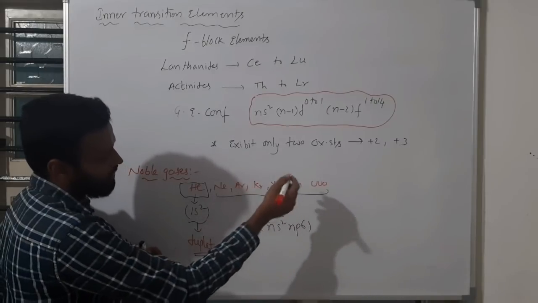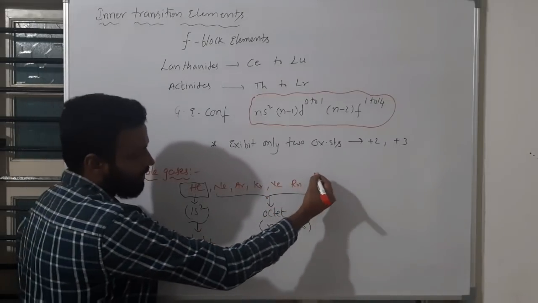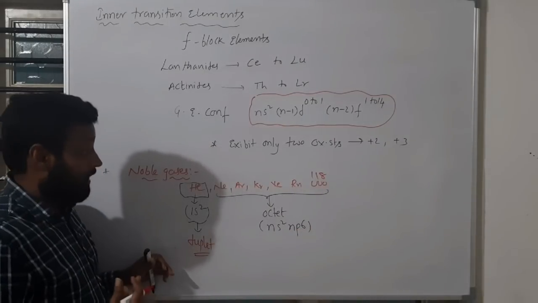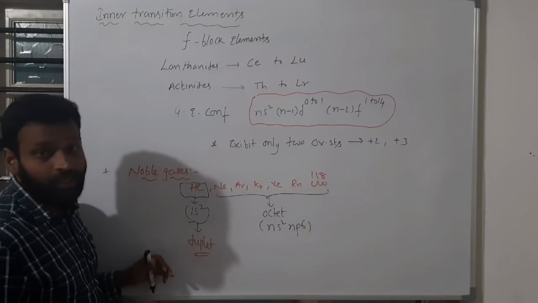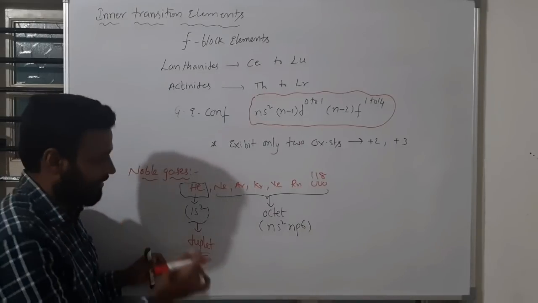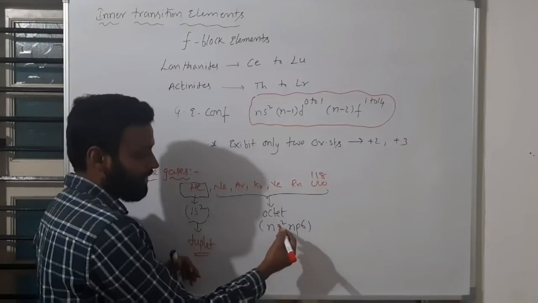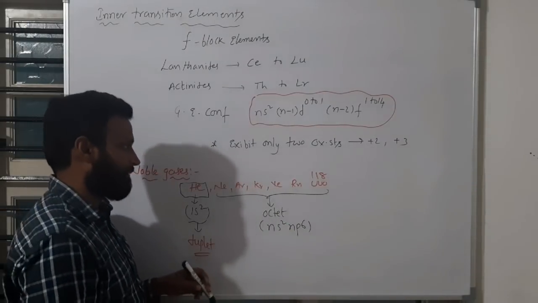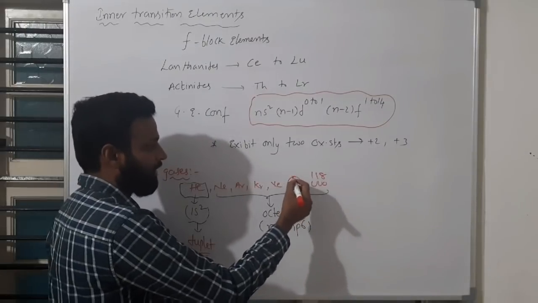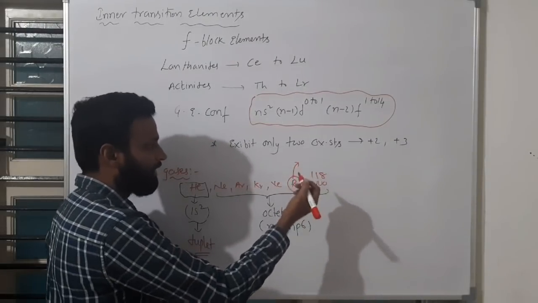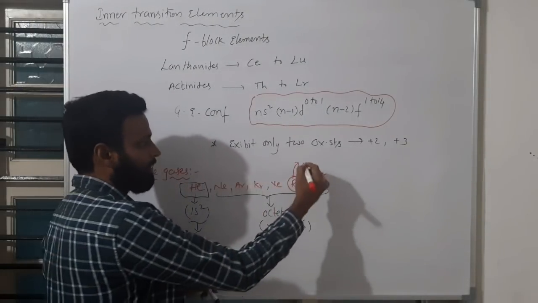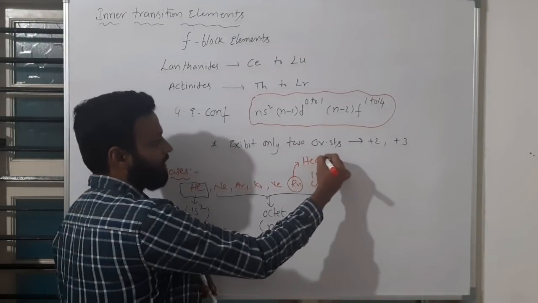Neon, argon, krypton, xenon, radon and oganesson, which is 118, all have a highly stable octet configuration. What is the octet configuration? ns2 np6. Radon is a radioactive, heavy gas. These are all gases, but this one is a heavy gas.